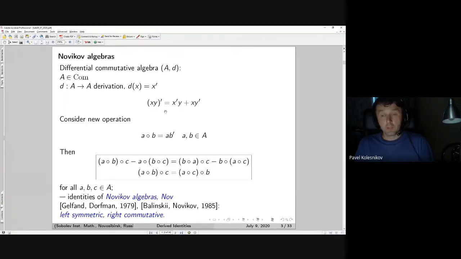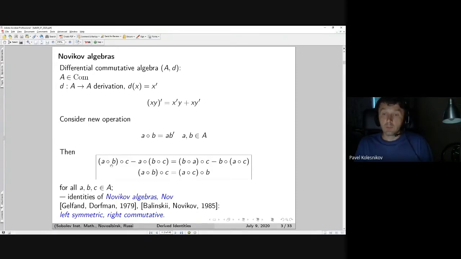Given such an algebra, one may define a new operation on the same space A. A circle B would be just the product of A and B prime, the derivative of B. Then it's quite easy to check in a straightforward way that the following relations hold.